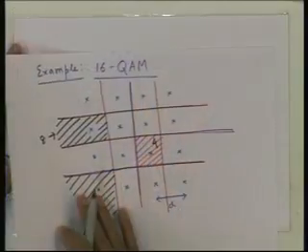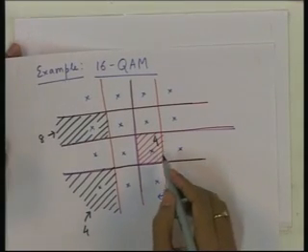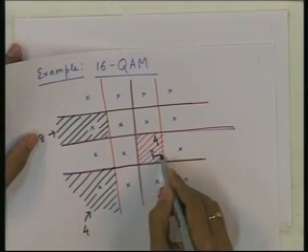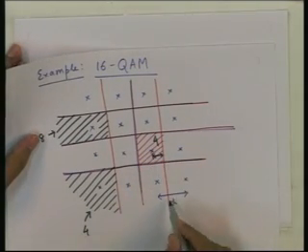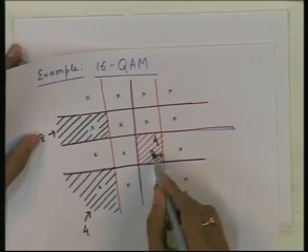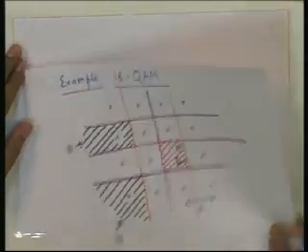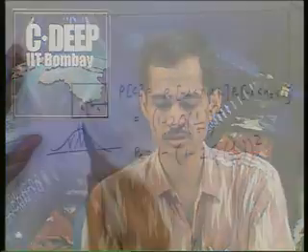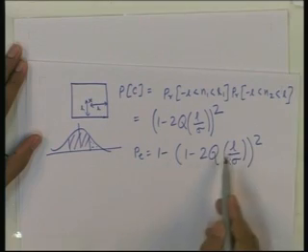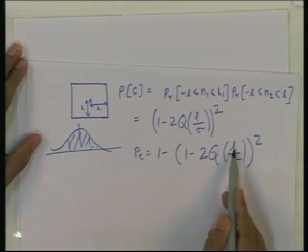First, let us take this point, and we have already seen how to compute. If this distance in this case is d by 2, because this is d and this is d by 2, so L equal to d by 2. We have already computed this probability of error for such a decision region, and we have to just put L equal to d by 2 here.